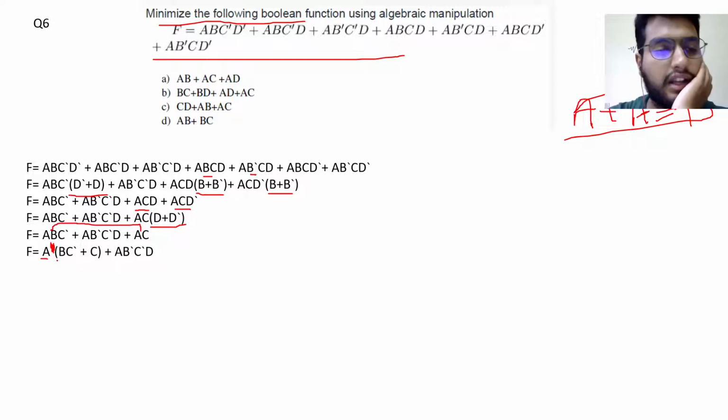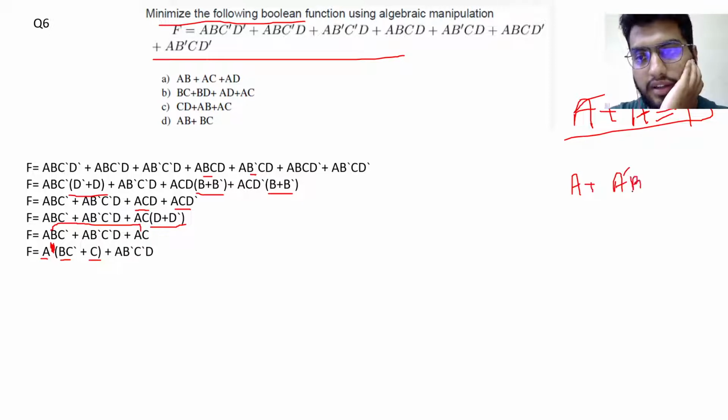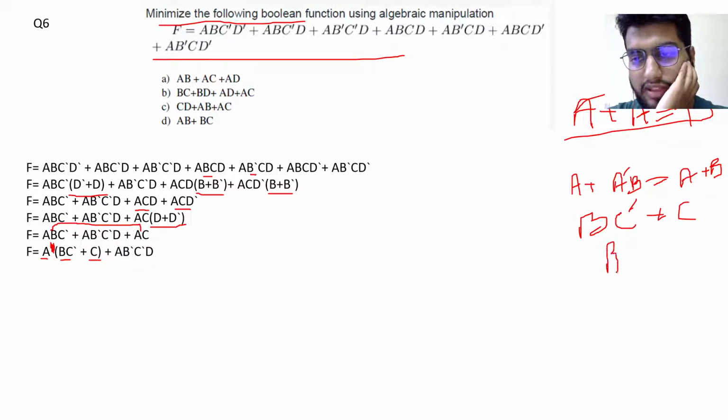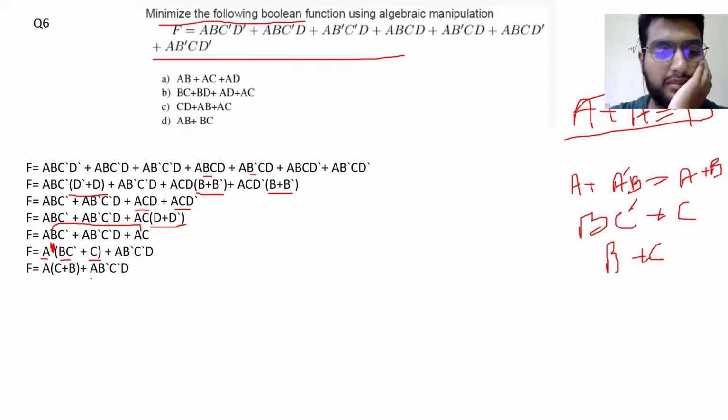So when I take A common, what I get here is BC complement plus C. So we know the expression A plus A complement B is equal to A plus B. I'm using that here. So BC complement plus C, here A is C and B is B, so it will be B plus C. So it will be A times C plus B plus A B complement C complement D.